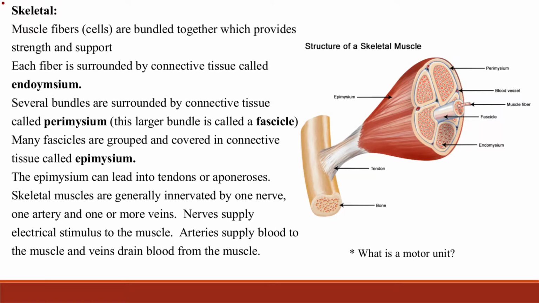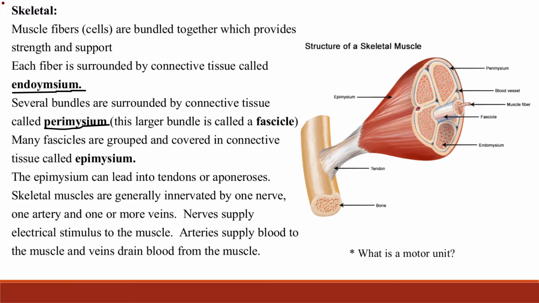So when we talk about skeletal muscle, it's arranged in a very specific way. Each muscle cell or fiber is wrapped in a connective tissue covering called endomysium. So each cell and fiber, which are interchangeable here, is wrapped with endomysium, and then the fibers or cells are bundled together, and they're wrapped with perimysium.